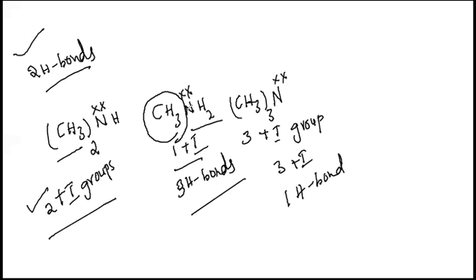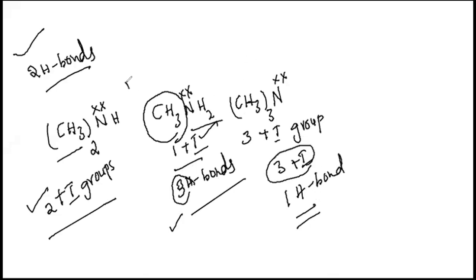In the second case, we see only a plus I group, which is very less, and hydrogen bonding is more. In the tertiary case, the I effect is more and hydrogen bonding is less.